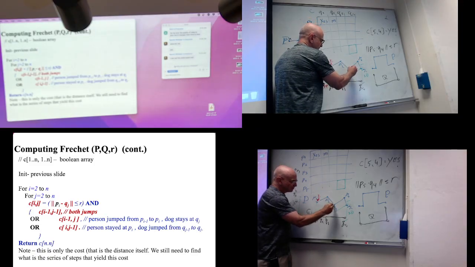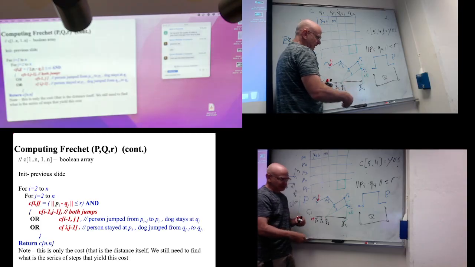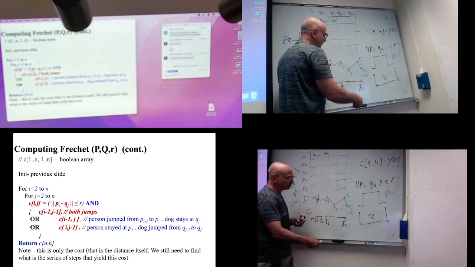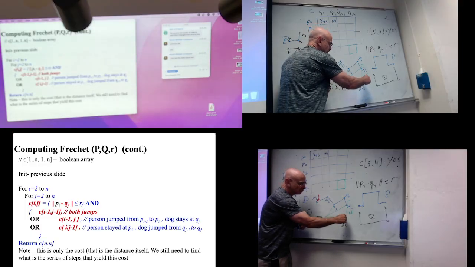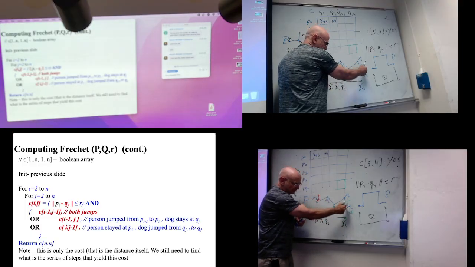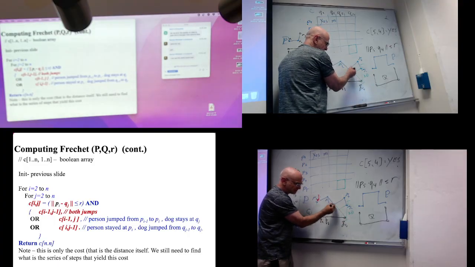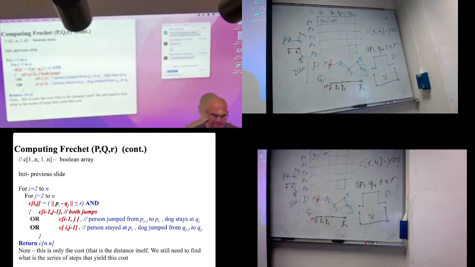The last option, one step ago, the dog was already at Q4, while the person was at P4.